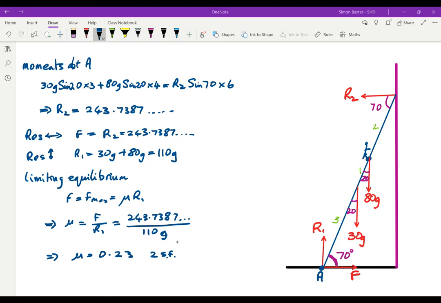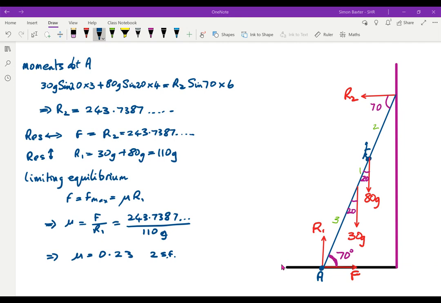Or less? If I was to put the ladder at an angle of 50 degrees, what would happen to the coefficient of friction? Well, as you put the ladder further out, I hope you can see it's going to be easier to slip. If it's easier to slip, we're going to need a bigger coefficient of friction.